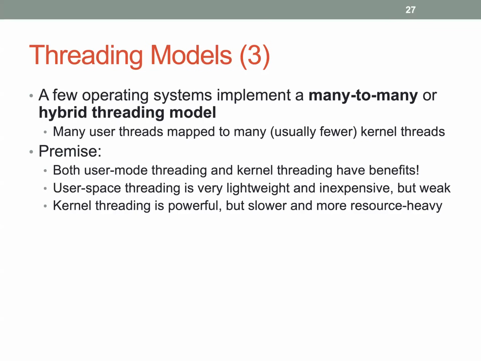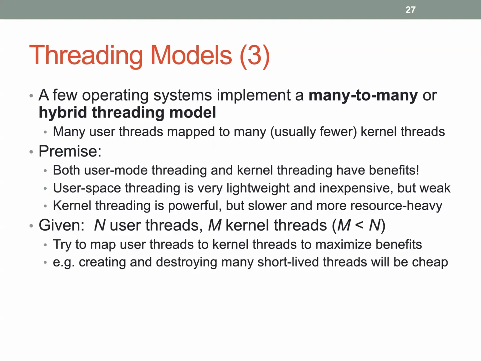There are benefits of doing this. Both user mode threading and kernel threading have benefits. User space threading is lightweight and inexpensive. You don't have to talk to the kernel, but it's limited. And so a hybrid threading model tries to achieve the benefits of both approaches to threading, but it's just super expensive.